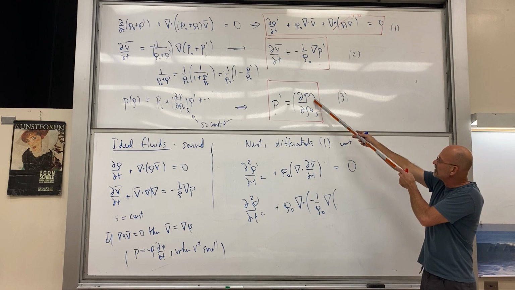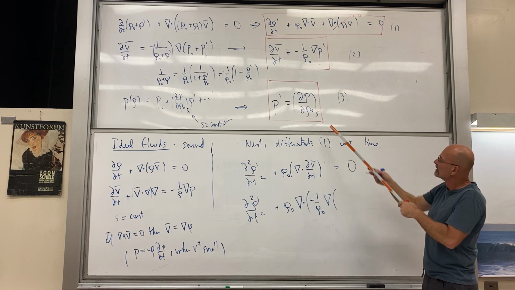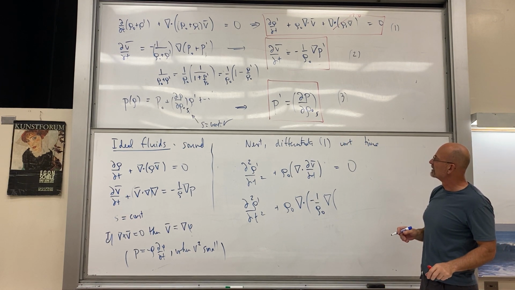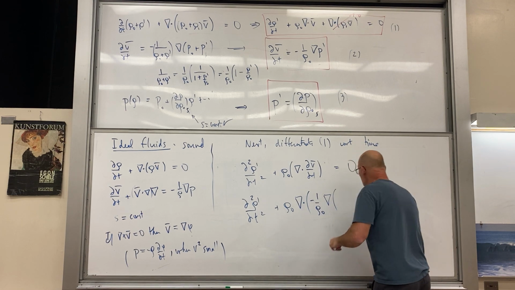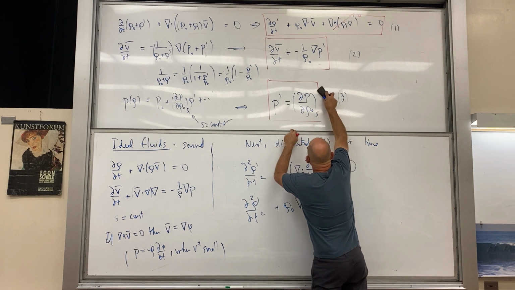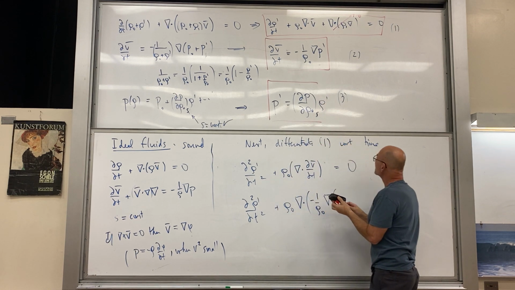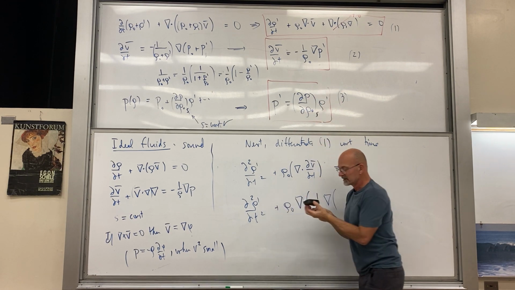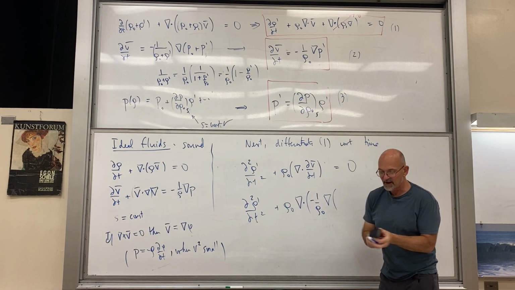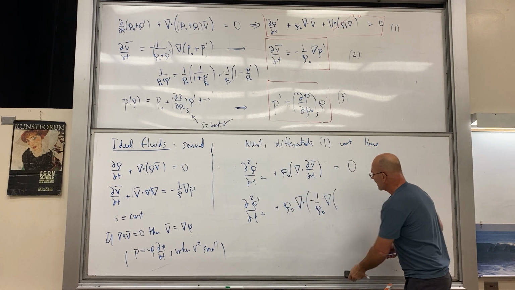Our p prime is dp d rho at rho 0 at constant S, times rho prime. Actually, I'm missing something there. Rho prime. Complete that red square. Right, that was taken from here. Okay, so what happens?